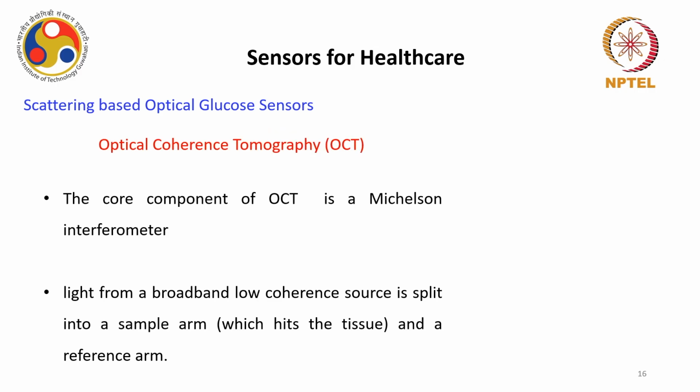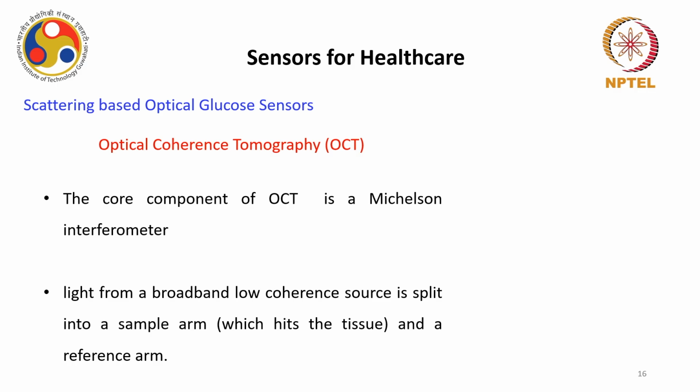The core component of an OCT device, optical coherence tomography, is an interferometer. We have already seen the Mach Zehnder interferometer in one of the sensor applications. Here for OCT we use mostly Michelson interferometers.